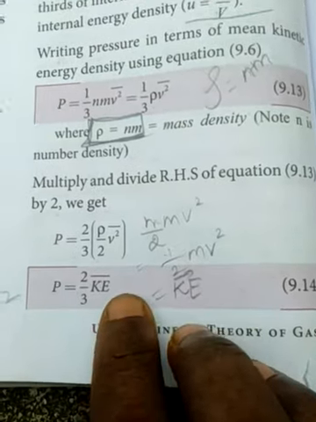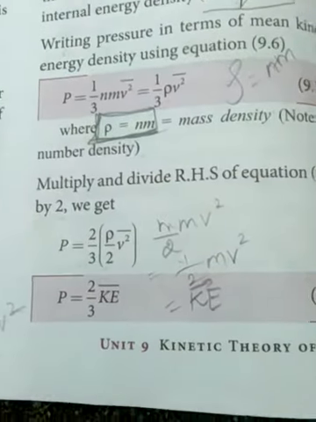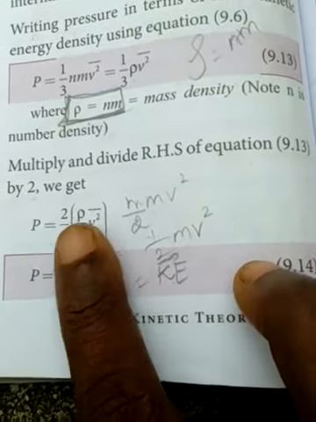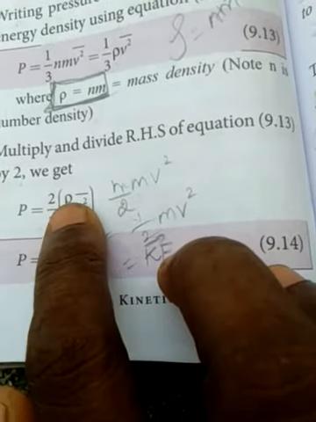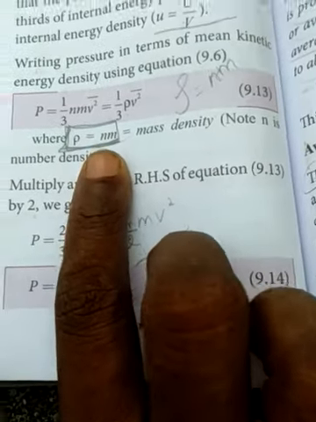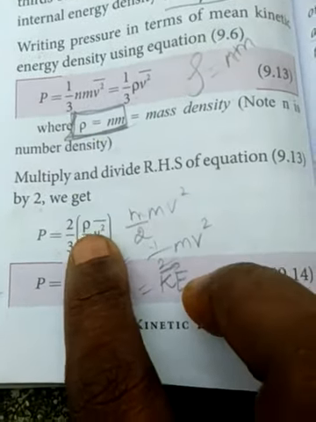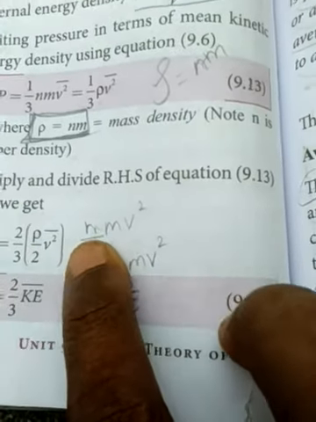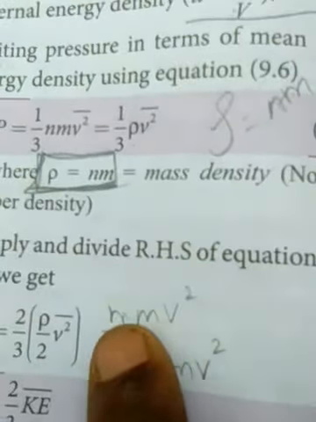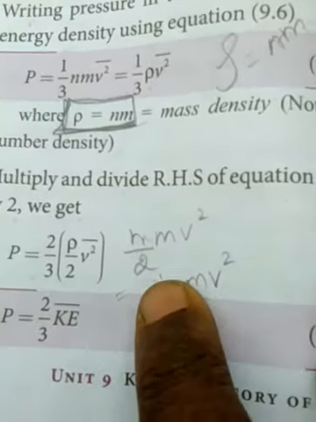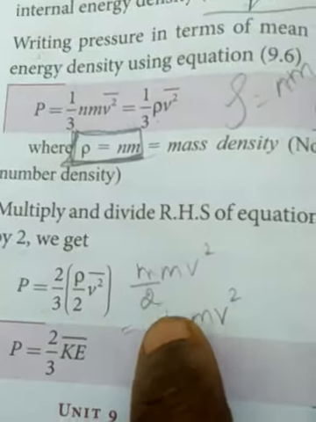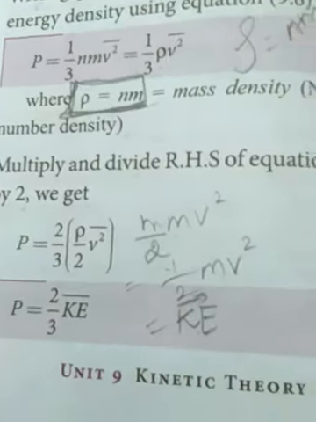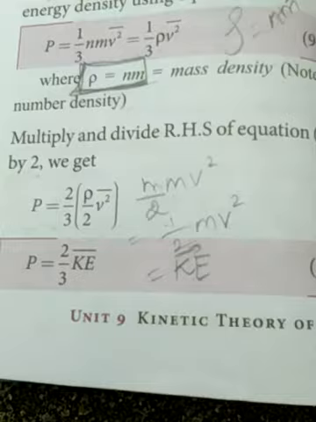Okay, so now you see that in the half mv squared, the rho value we take as Nm. Replace again with Nm. So rho v squared by 2 is written as N m v squared by 2. What happens again? Half mv squared is what we take as kinetic energy.